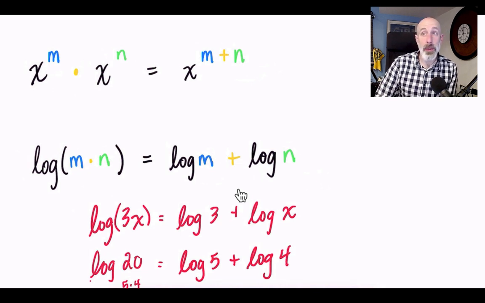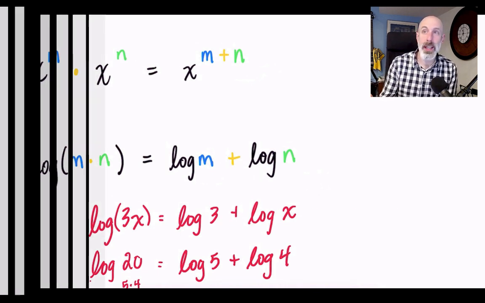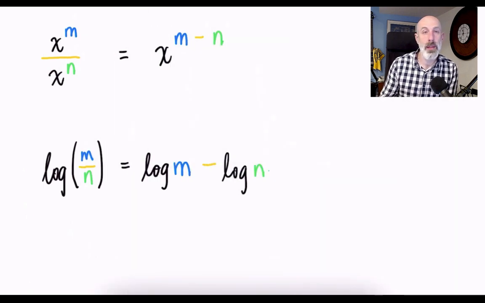All right, the next property worth talking about is basically the same one from exponents, except this time division and subtraction instead of multiplication and addition. Here, if we have the same base being divided, the operation is this yellow division bar or fraction bar. If we have the same base being divided, we can simply subtract their exponents.